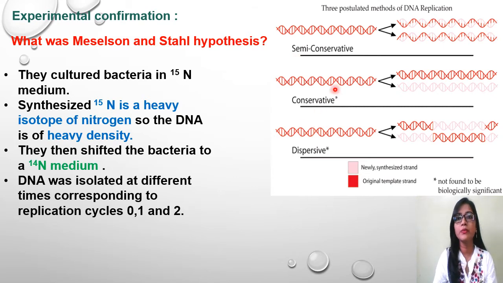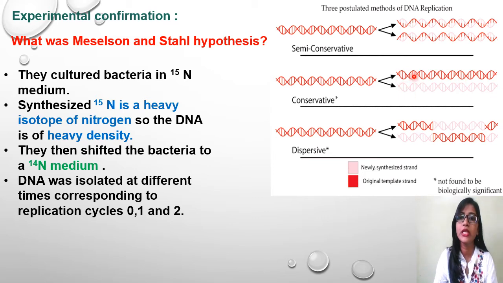So in the conservative type or method of DNA replication, it was postulated that, now see, this is the double stranded DNA. After replication, it was proposed by a few scientists that of the two DNA molecules getting formed by the DNA replication process, one is completely newly formed DNA and the other is completely old strand.